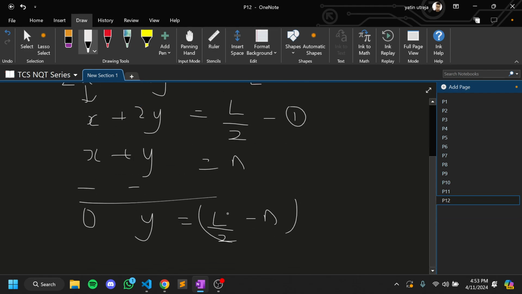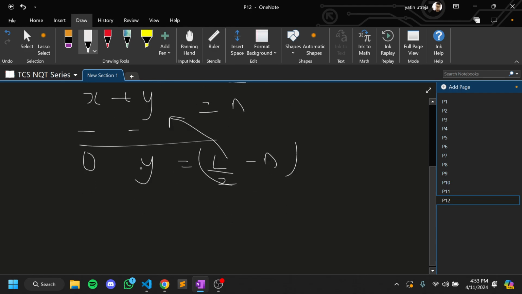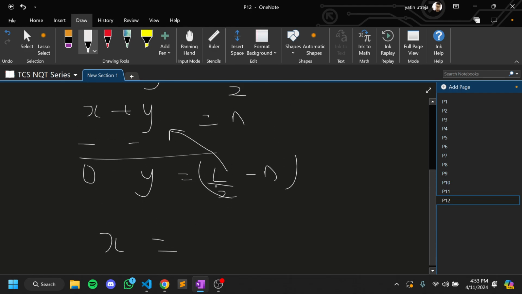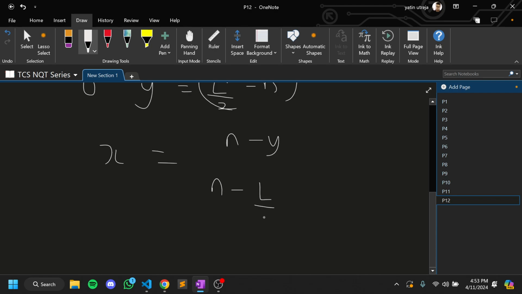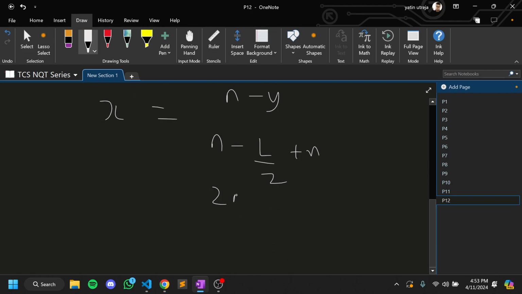Similarly, we can substitute this value of y here. We get x as n minus y, which is n minus L over 2 plus n. Redistributing the signs, we get x equals 2n minus L over 2.